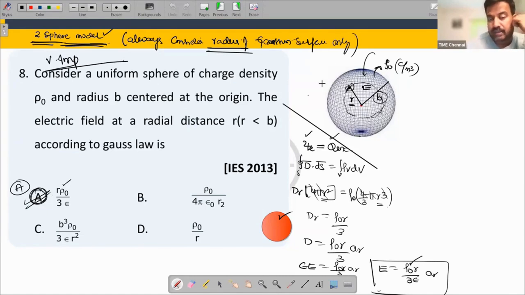Any doubt in these two models? Am I audible? No one is responding. What happened?